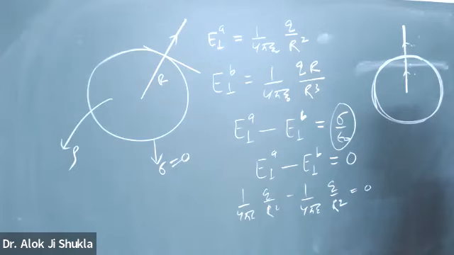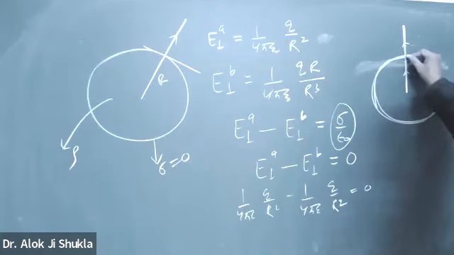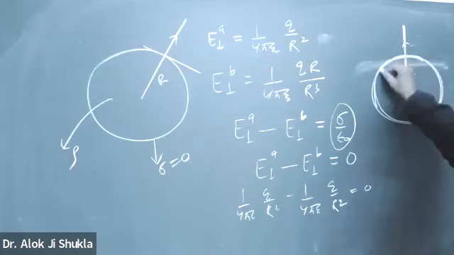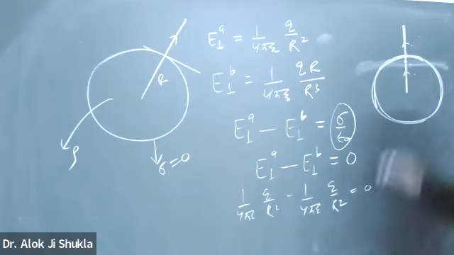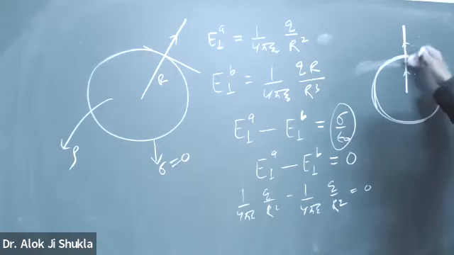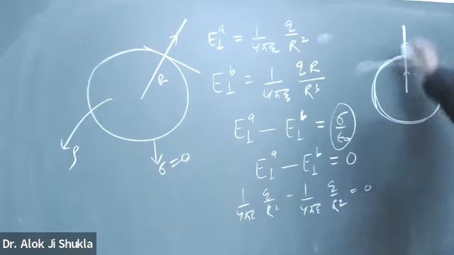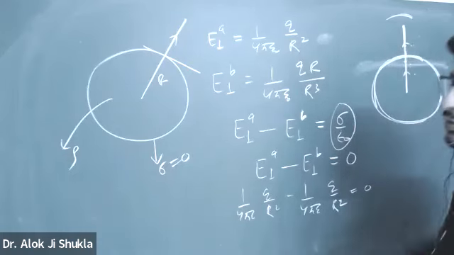That is what I am saying. Because this is the property, when you pass this surface, this discontinuity is there. So that's why you will always apply it on the surface, one just above the surface and one just below the surface. So where is the question of applying it here, where there is no surface?